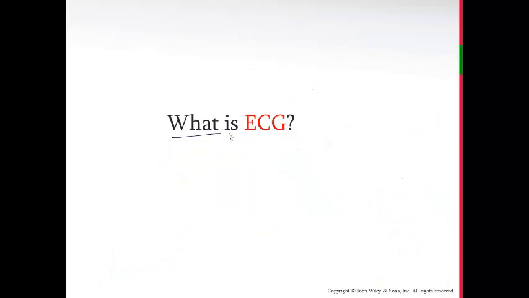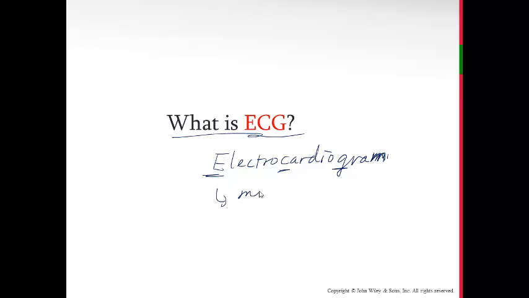Now, you probably have done this at your cardiologist's office and have your ECG taken. Your ECG is your electrocardiogram. An ECG really measures the overall electrical signals from your heart.